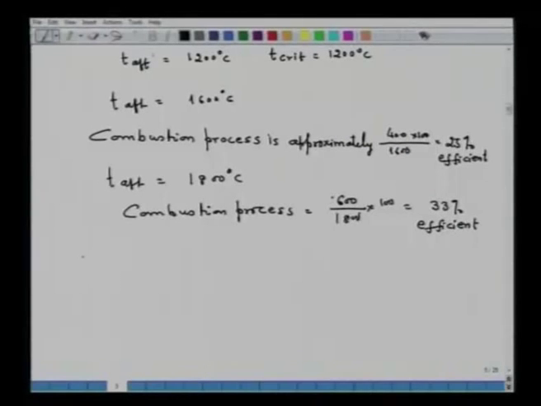Now, one should also remember that the gross available heat represents the heat available at critical process temperature. It does not represent heat available to the metallurgical process, because in calculating the gross available heat, we are simply considering the heat released by the products of combustion from flame temperature to the critical process temperature.